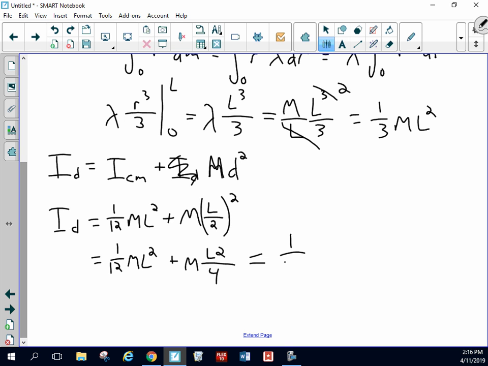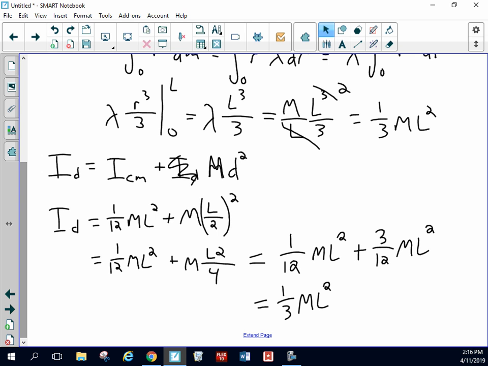So 1/12 mL squared plus 1/4, which is 3/12 mL squared. And that comes out to, added together, 4/12, and 4/12 is 1/3 mL squared. Okay, so we got agreement there between that and what we did before. That's a good sign too. Moment of inertia of a rod about its end.